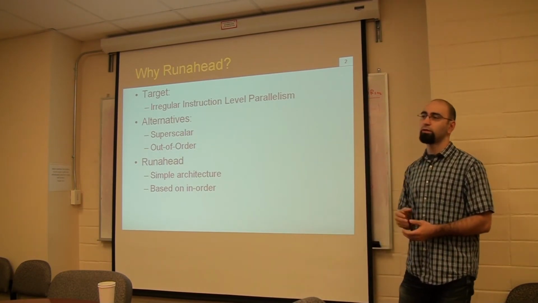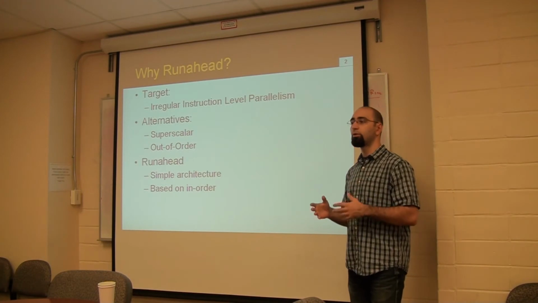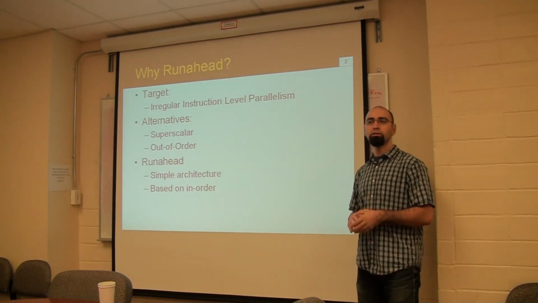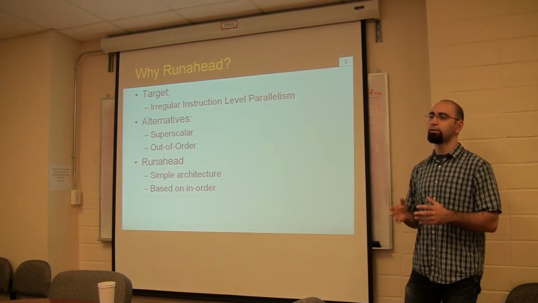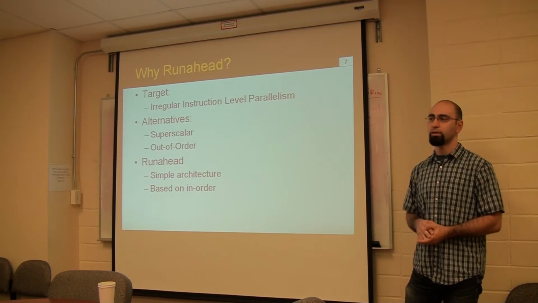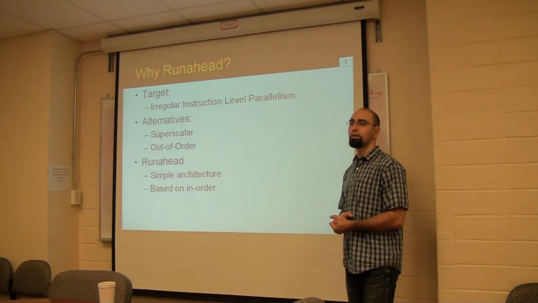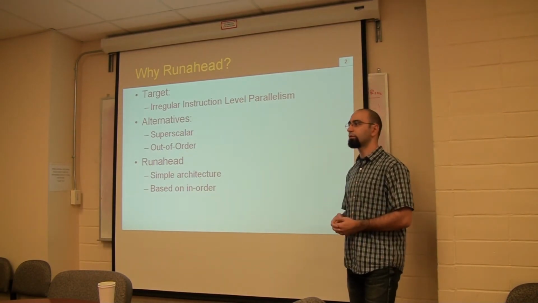Out of order has its own disadvantages too. It needs a lot of new components on top of the in-order pipeline, and the components we need are not designed for the FPGA fabric. So it's not really beneficial to do out of order. Yet, we don't know; someone has to actually sit down and look at it.